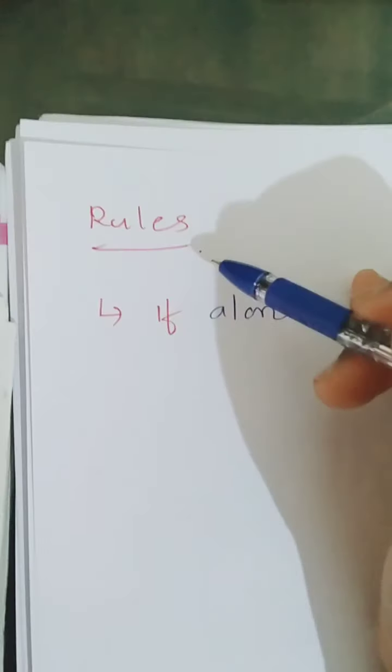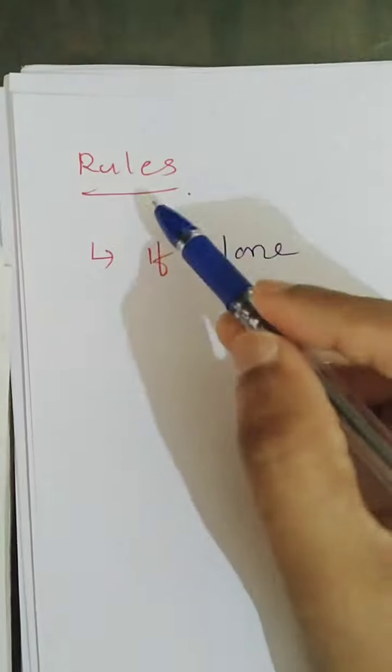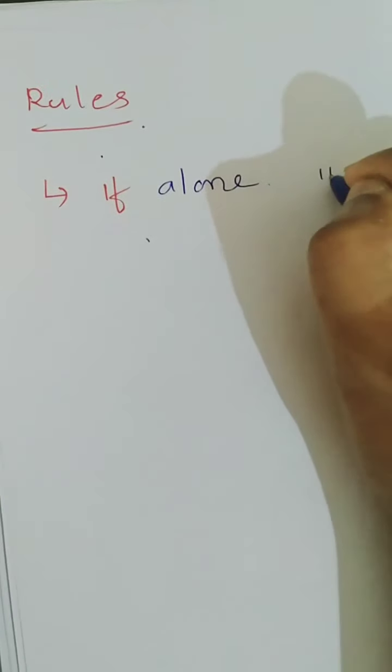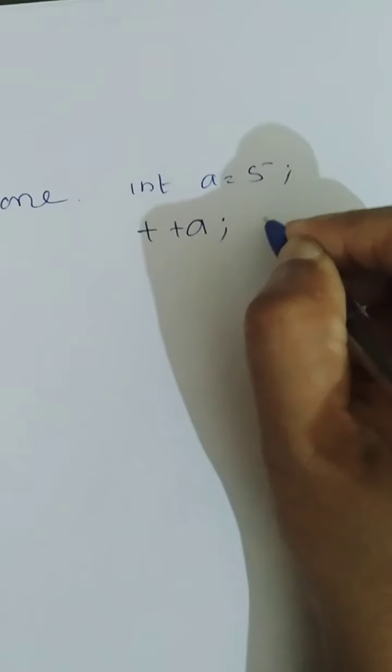I will tell you some rules for the increment and decrement, when to change and when not to change. Rules: if it comes alone, as if they have simply given int a is equal to 5, then ++a or a++. Simply it has given ++a or a++.